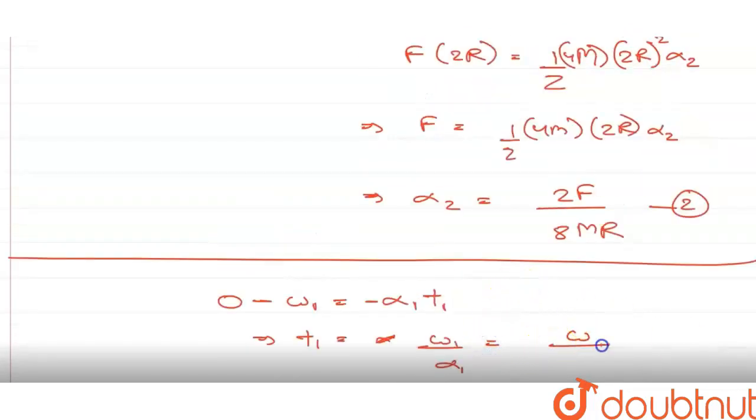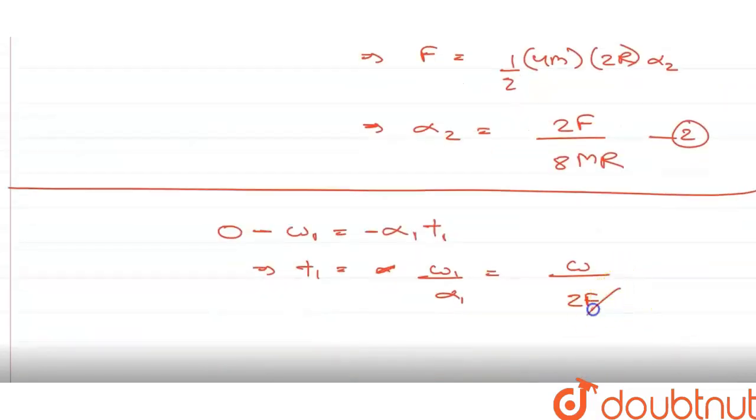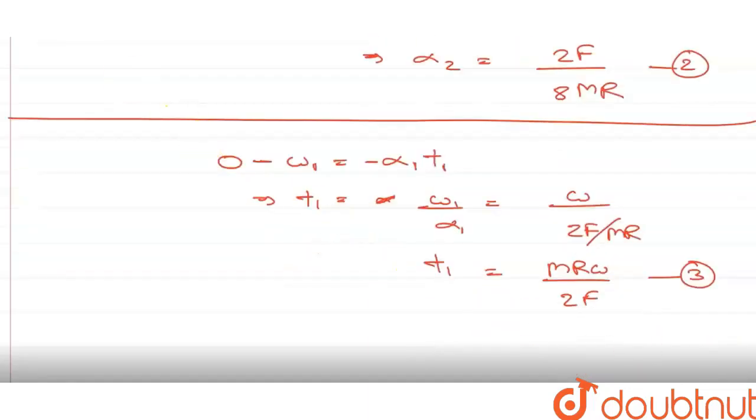So omega upon alpha 1, which is 2F by MR, which means MR omega upon 2F is t1. Equation number 3.